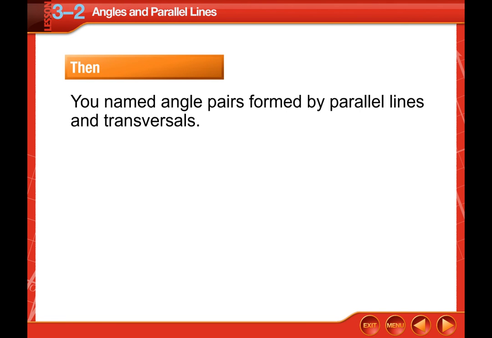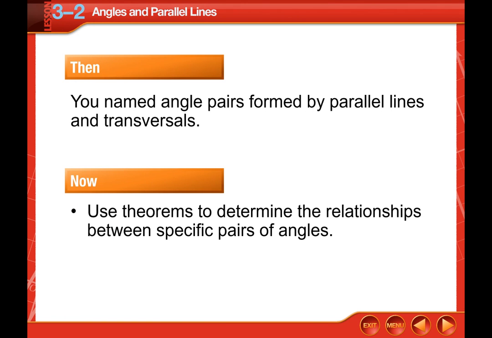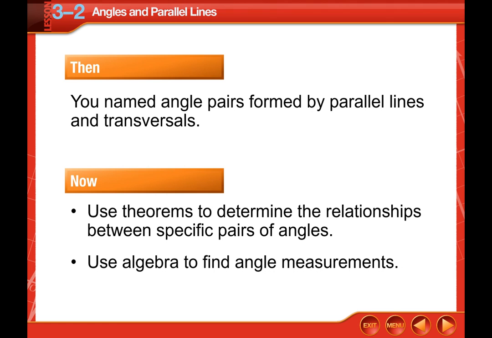So we've named different angle pairs that were formed by these parallel lines and transversals. Now we're going to use some theorems to determine the relationships between specific pairs of angles. And we're going to use algebra with those specific pairs of angles in order to determine their measurements.